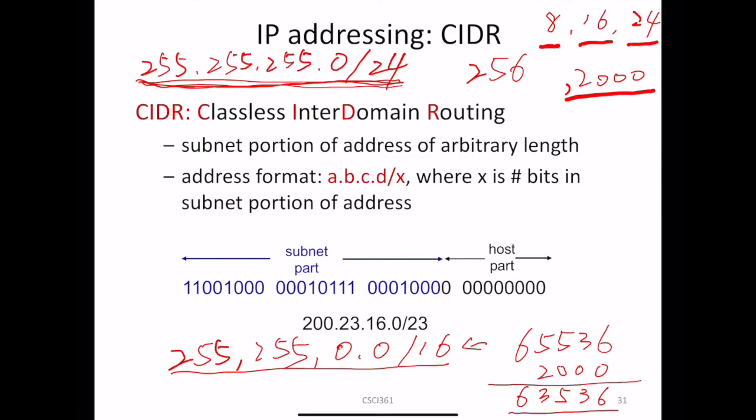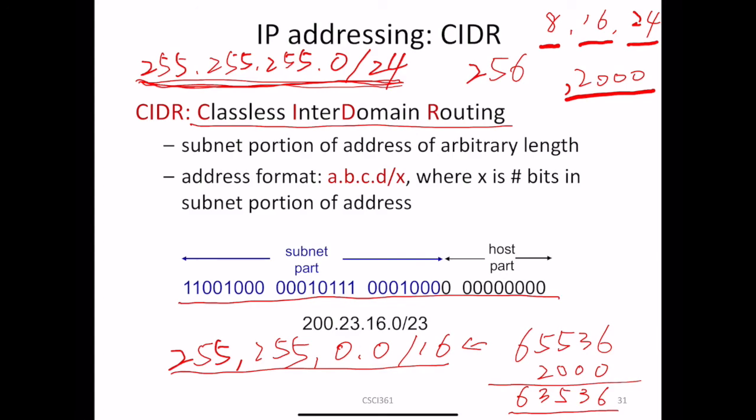Then the engineers had this idea. We call it classless inter-domain routing, CIDR, which allows a subnet portion of an address of arbitrary length. The address format will be a.b.c.d/x, where x is the number of bits in the subnet portion of the address. Therefore, since we can divide the subnet part and the host part wherever we want, we can have an example like this.